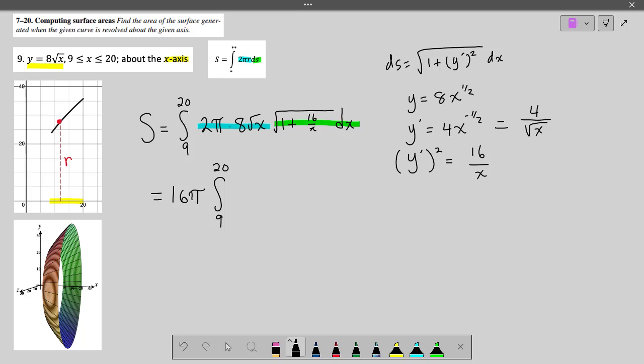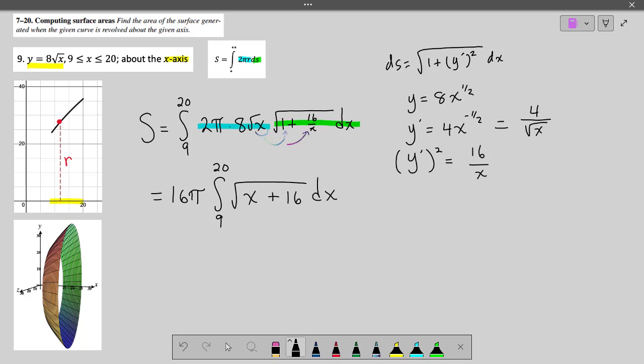So when we look right here, we are going to turn these two square roots into 1 by taking this x right there, and it's going to distribute to each of those. So x multiplied by 1 is x. X multiplied by 16 over x? 16.